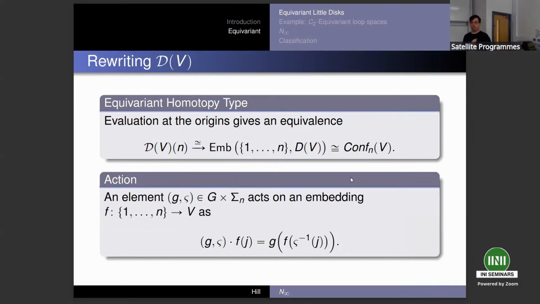If I gave myself two G spaces, then the space of maps between them inherits a G action, and I use the same kind of conjugation structure. So here, the way I'm defining it, I give this one a trivial G action, and this one a trivial sigma n action. Now each of these has a G cross sigma n action, and the action I described here is the usual one on the space of maps.